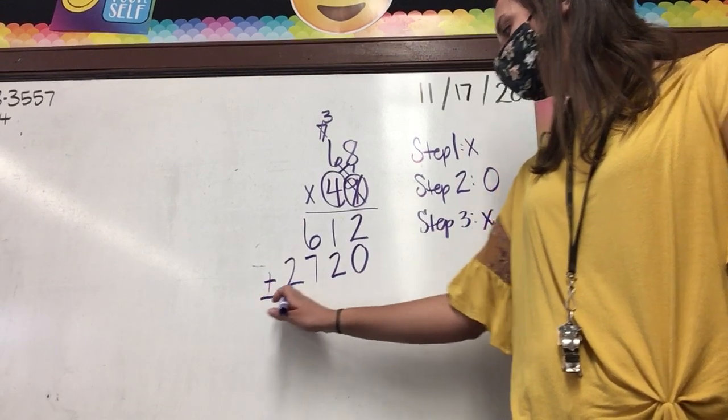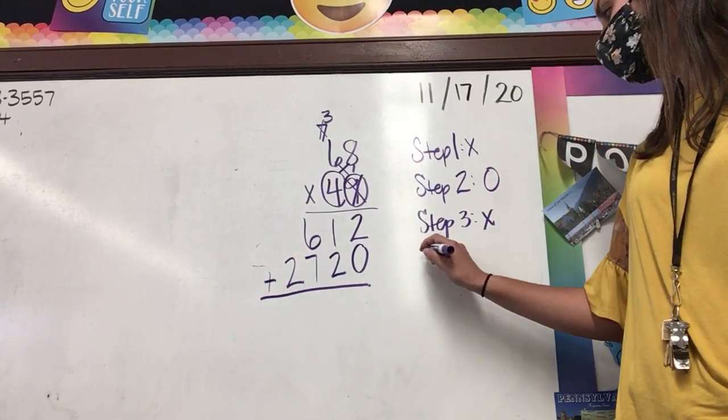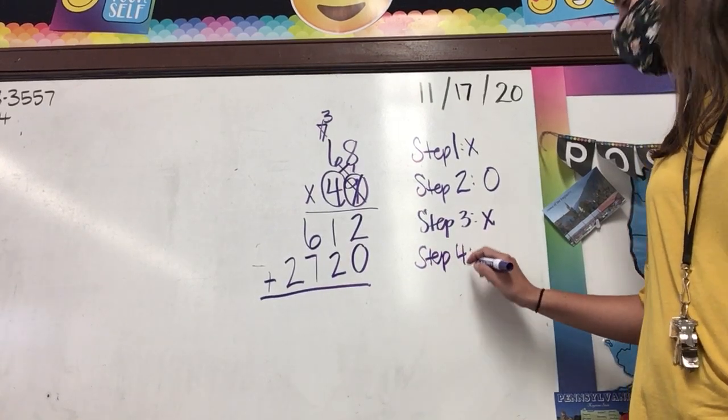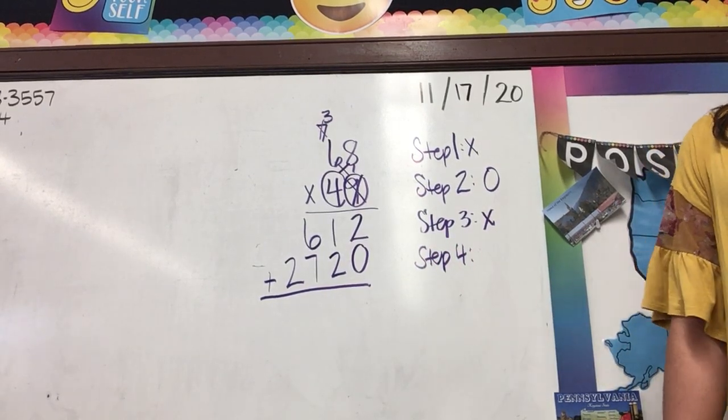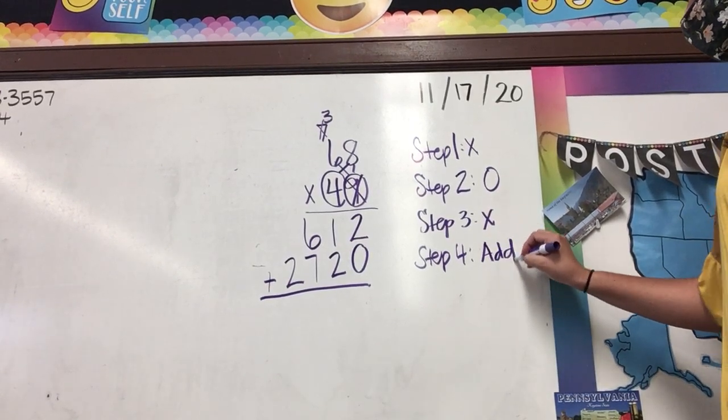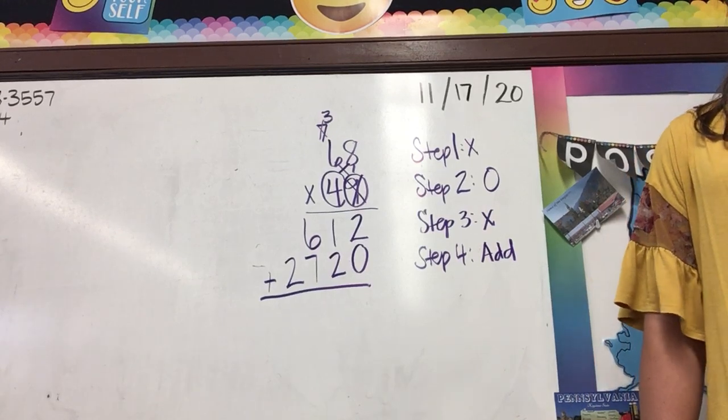And I'm going to step 4. I didn't change my color. I should have. Step 4 is to do what, Jonathan? Step 4 is to add. Good. So, who's done needs to check their problem.